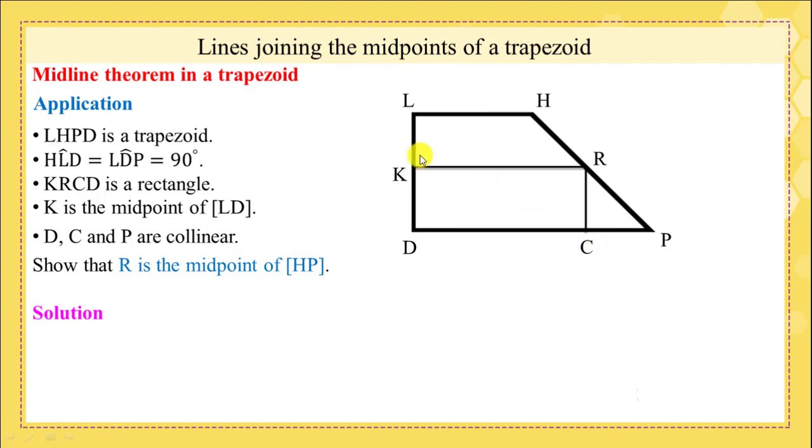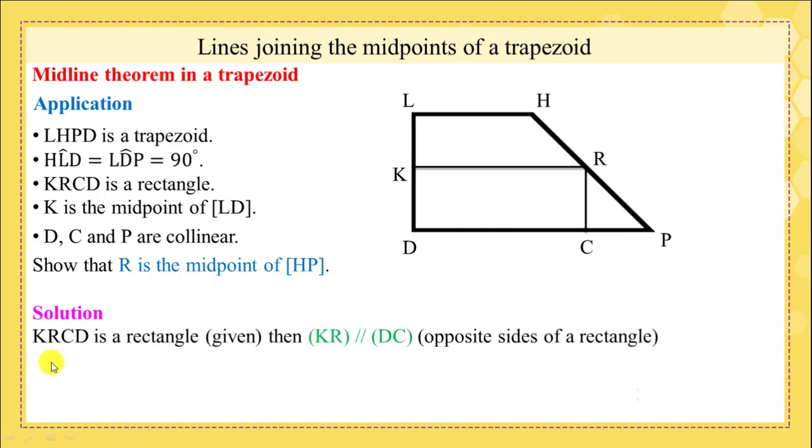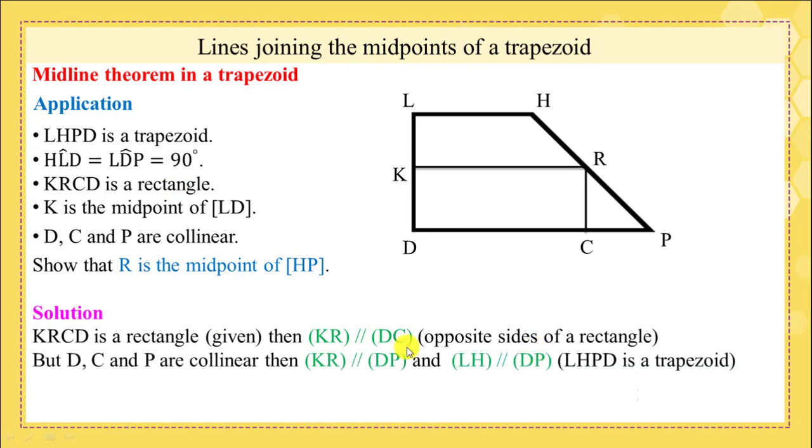So now we have K is the midpoint of LD, KR is a line passing through this midpoint and parallel to the bases. What do we conclude? We conclude that R is the midpoint of HP by midline theorem in a trapezoid. KRCD is a rectangle from the given, then KR is parallel to DC, opposite sides of a rectangle.